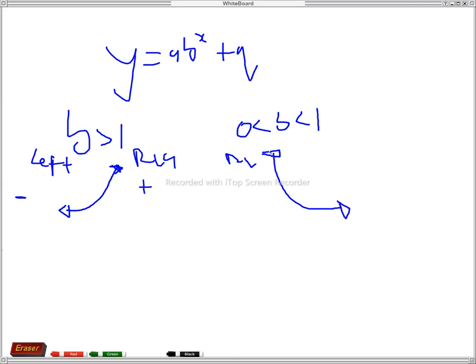I can't explain this very well using a Cartesian plane, but we can see that this is decreasing and this is increasing. I hope you understand me.